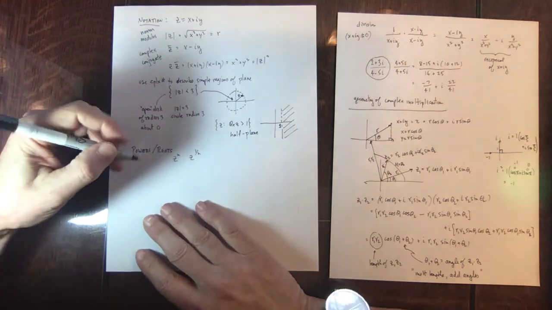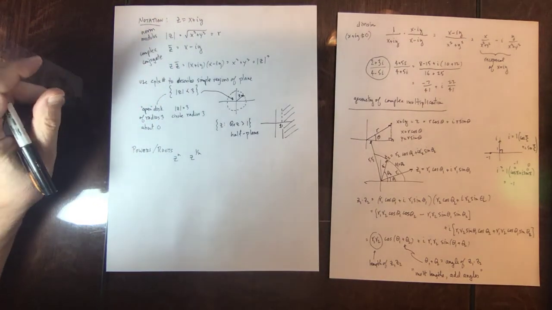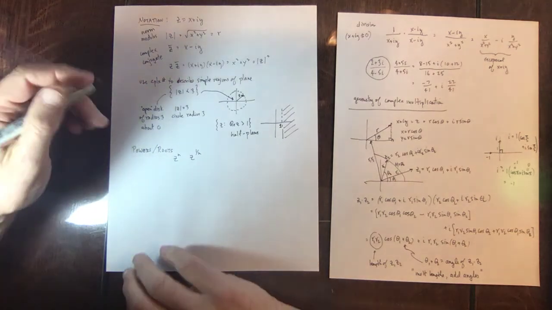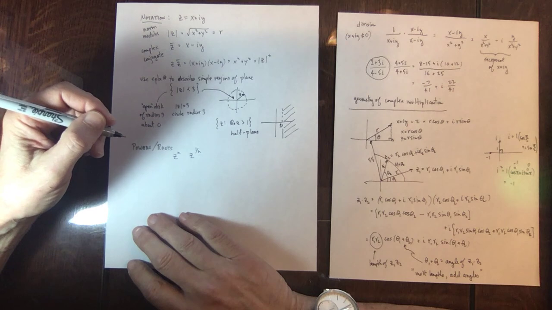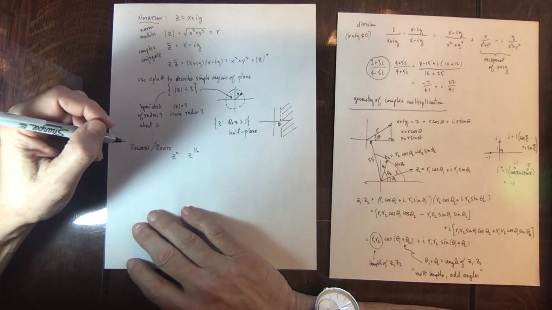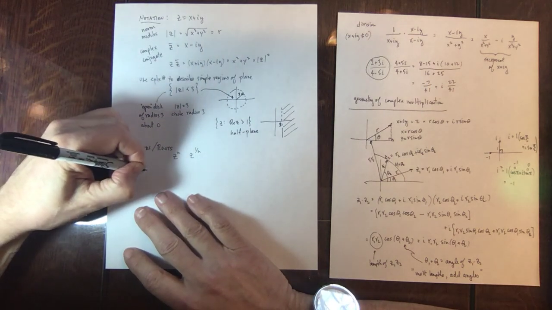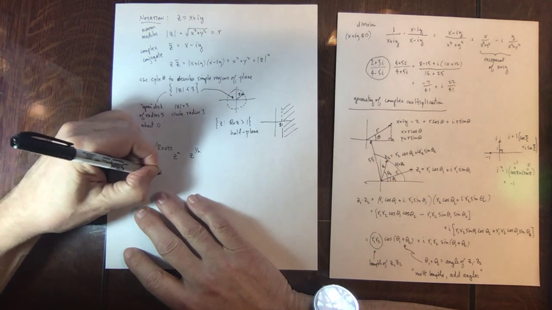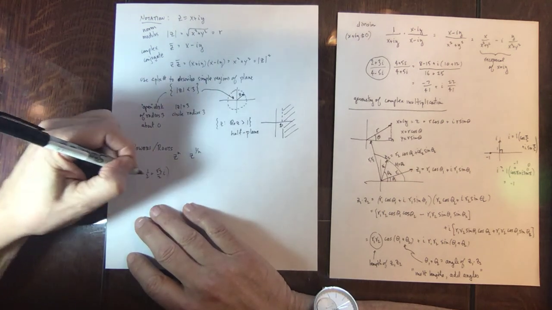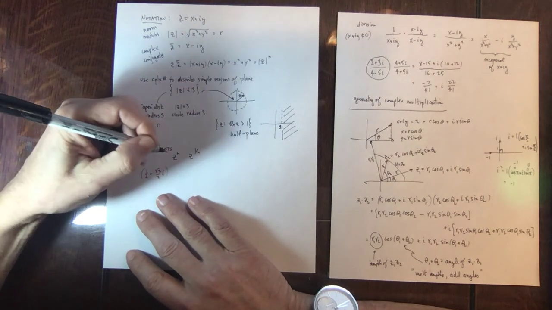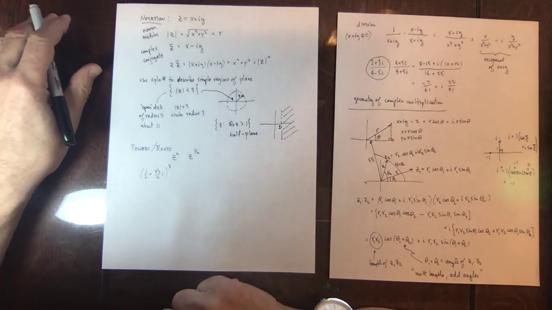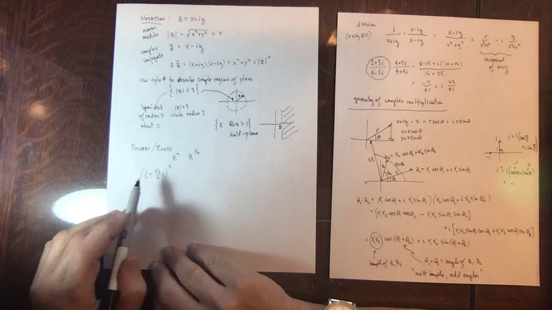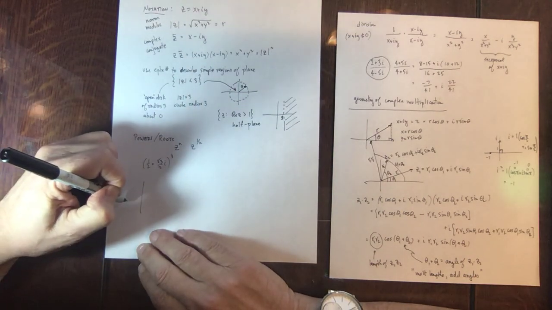I'll just pick an example. Suppose I wanted to take the following complex number and raise it to a power. I'm going to take one that's going to look familiar: 1/2 plus the square root of 3 over 2 i. And suppose I want to cube it. Let's think of this number in terms of polar coordinates.